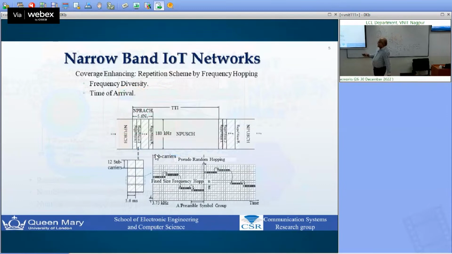Each one is 15 kilohertz. That 15 is divided into 4, so one subchannel is 3.75 kilohertz.